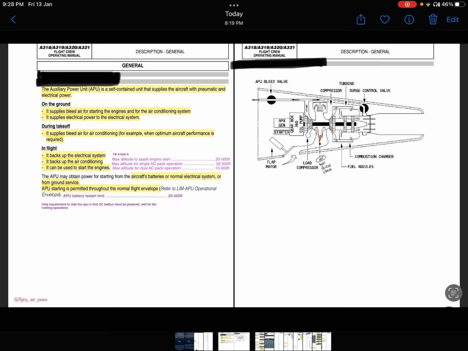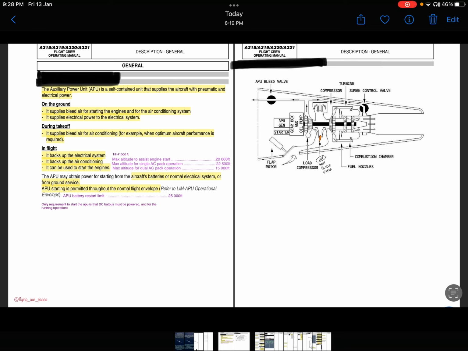Generally, if we do not use APU, then airlines recommend their pilots to switch off the packs and then take off with packs off. But some airlines use APU for air conditioning specifically during the takeoff phase.